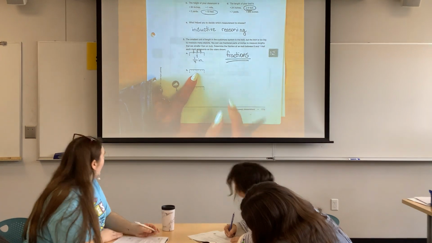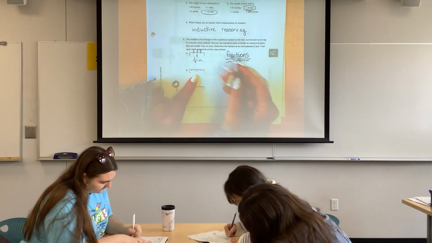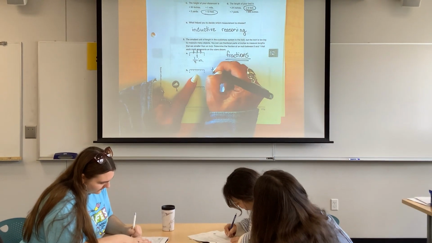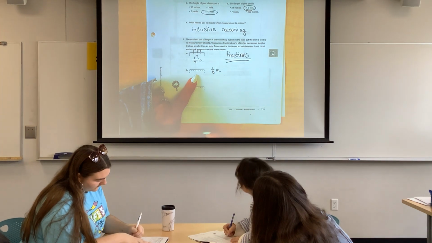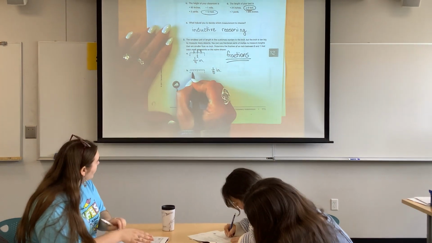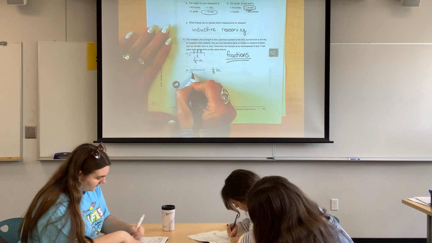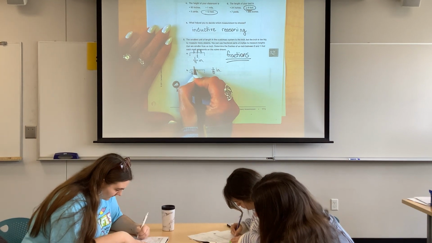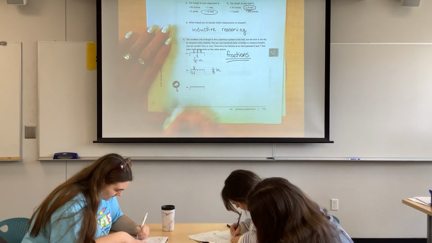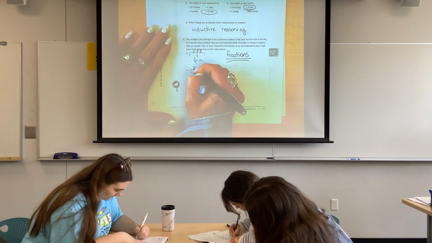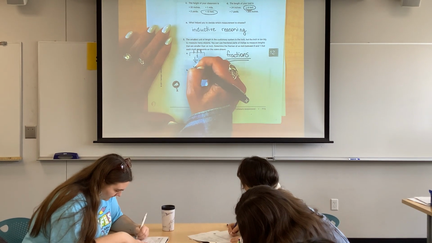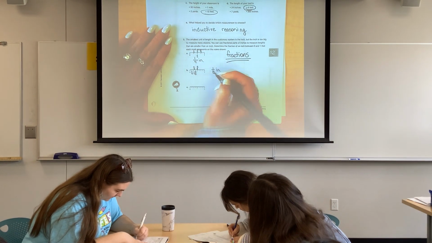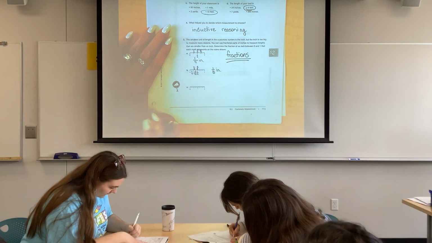What would the precision of the second ruler be? 1/8. Yeah, because there's 8 pieces, so it's 1/8. So if we go in, that's 1/8. 2/8 is the same thing as what? 1/4. Then we have 3/8. 4/8 is the same as 1/2.